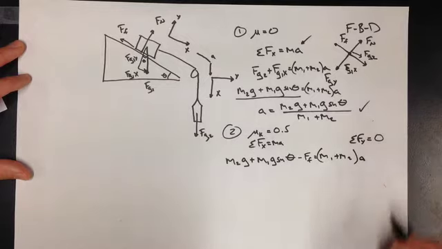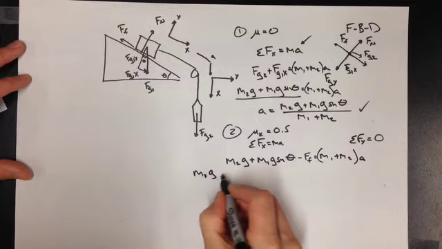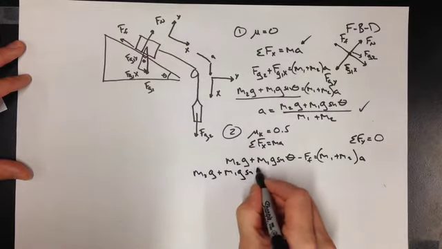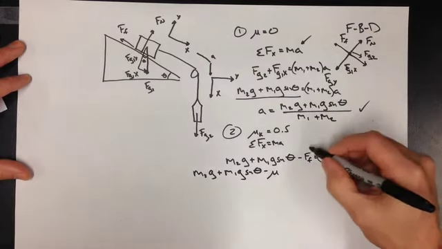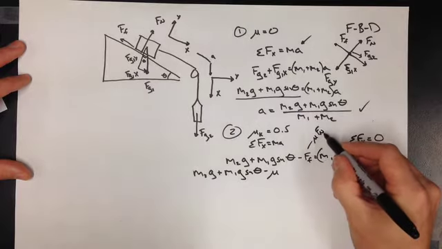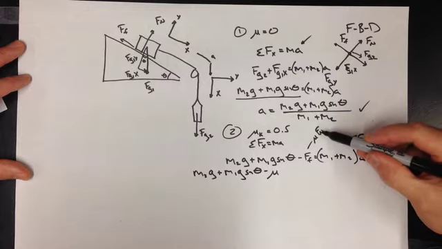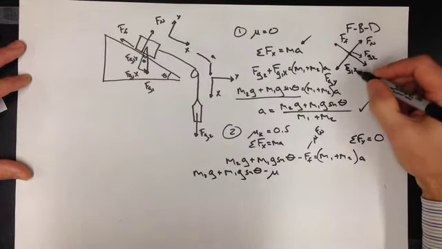And I'll deal with this in a moment. So I'll write this out again, m2g plus m1g sine theta minus mu Fn. This is mu Fn, roughness of the surface and the force between the surfaces. And so now I have Fn, and my Fn is going to be equal to my Fg. Ooh, this is terrible how I've done this.